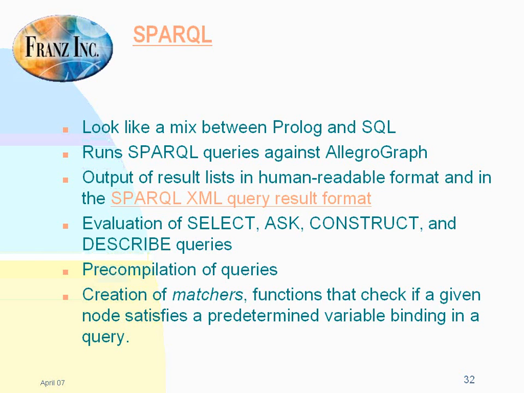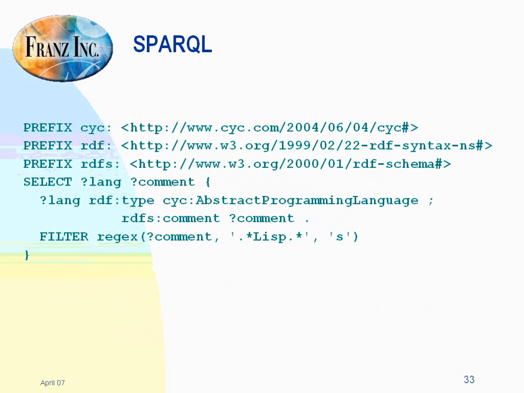For the next quarter, we will also allow SPARQL to run on top of Prolog rules. So you can specify Prolog rules and access these Prolog rules as if they were triples in the triple store. But let's not talk about it too much now.